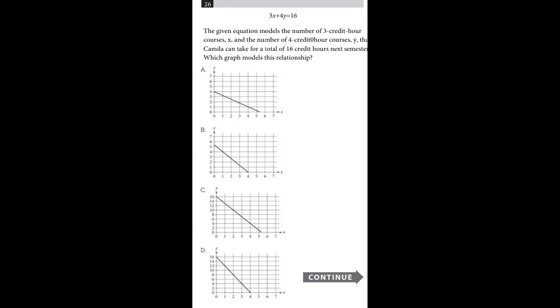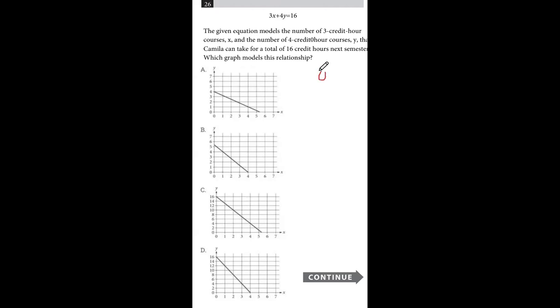Okay, so for question 26, we have the equation 3x plus 4y equals 16. We just need to graph this. The best way to do this would be to find the intercepts. When x is equal to 0, we have 4y is 16, divide both sides by 4, and we get y is equal to 4.